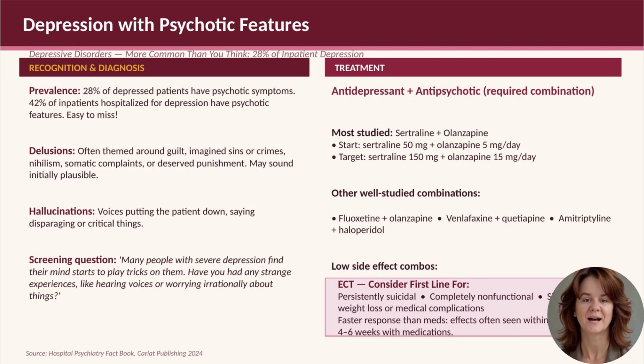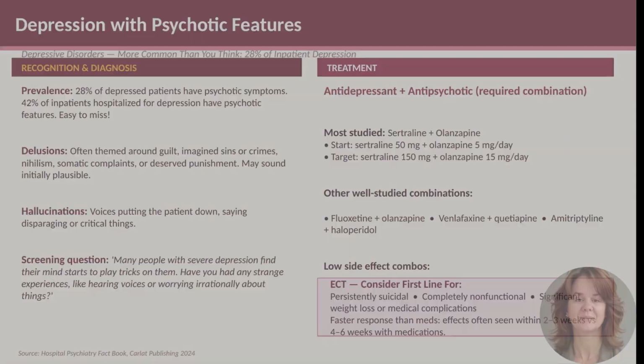Electroconvulsive therapy is a highly effective and often preferred treatment in severe presentations, particularly when there is suicidality, poor oral intake, catatonia, or need for rapid response. Hospitalization should be strongly considered when there is safety risk or inability to care for self, and once remission is achieved, continuation of both antidepressant and antipsychotic is typically required for a period of time to reduce relapse risk.